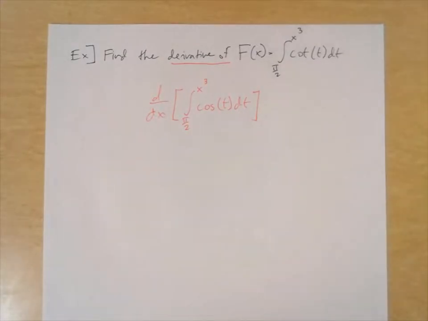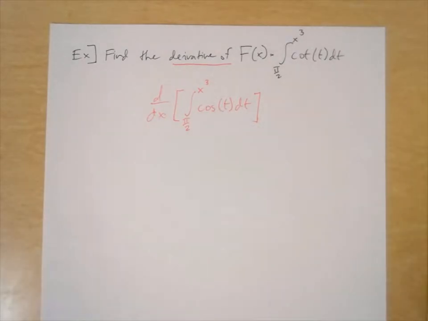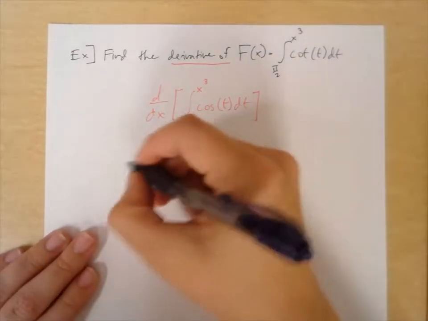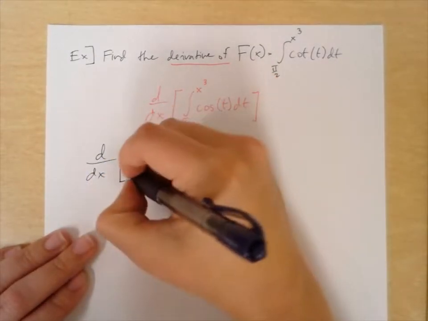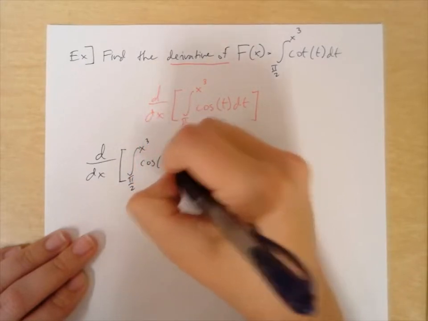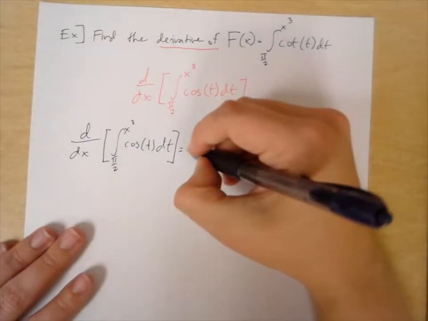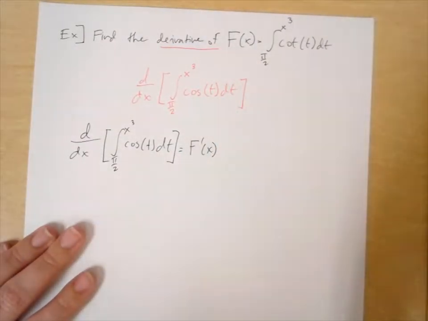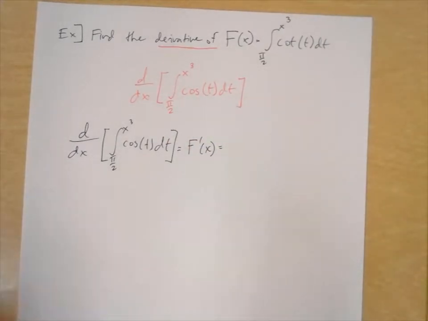So, in order to do that derivative of big F of x, the whole thing, the d dx of the integral from pi over 2 to x cubed of cosine t dt, I want you to think about it as big F prime of x. And I can find that by doing the chain rule.